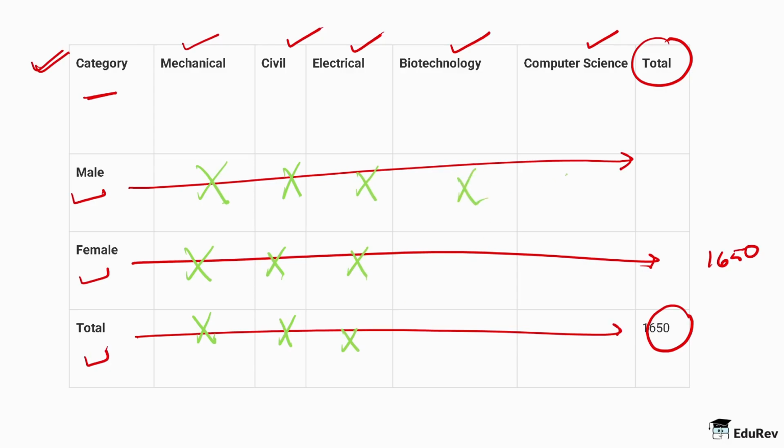And likewise for biotech and computer science, we are going to find the males, then females, and then the total. And then we will do the summation of all these in the last row to find the total number of males in all the departments, the total number of females in all the departments, and the total number of people in all the departments. Now it might seem like a lot which we need to do, but trust me, it's very, very easy.